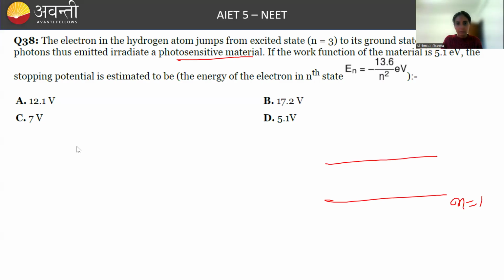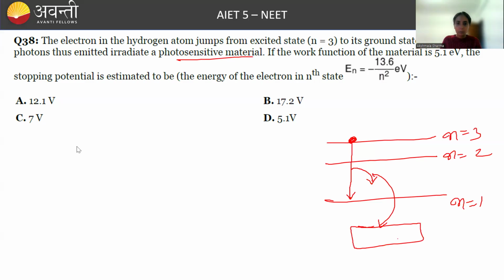Then there is n equal to 2, and then n equal to 3. There is one electron here, and it is jumping to this. When it jumps, it will release energy, and this energy is allowed to fall on a photosensitive material. That is happening in the question. If the work function of the material is this, the stopping potential is estimated to be.